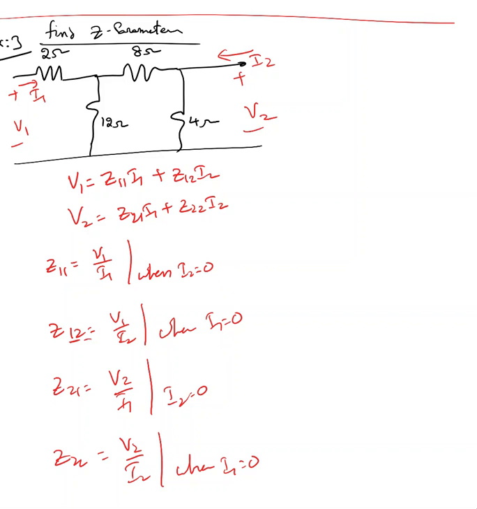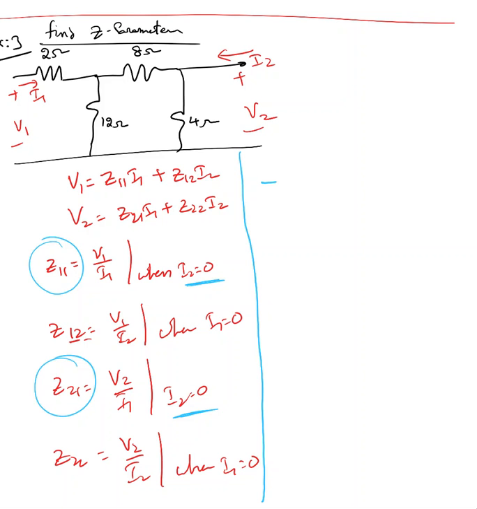Now, as I mentioned, we always use the same circuit. Here I2 equal to 0. So to find Z11 and Z21, we're going to use the same circuit. I always recommend you find these two parameters, Z11 and Z21, one after the other. Instead of finding Z12 after finding Z11, I'm going to find Z21 in this case.